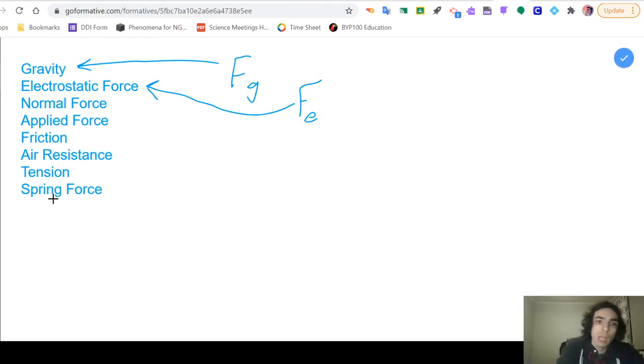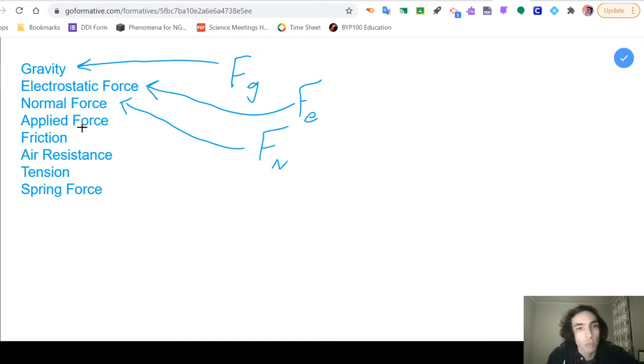So normal force, we usually label, and you can, if you didn't already know this, probably guess, that's an Fn that we usually use. And what the normal force is, that's a force that's exerted from a stable surface directly outwards from that surface.